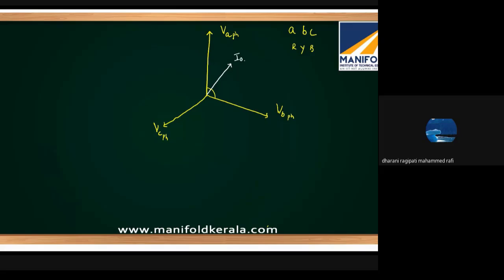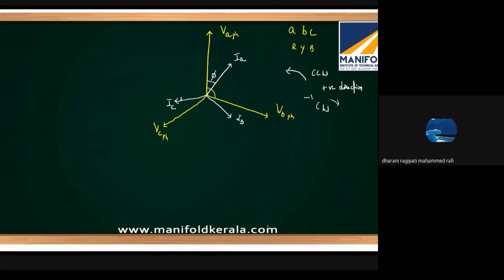This is IA, this would be IB, and this would be IC. They will lag by an angle phi. So what is the positive direction of an angle? Anticlockwise. In phasor diagrams, the positive direction of angle is counterclockwise. What is the negative direction? Clockwise direction.